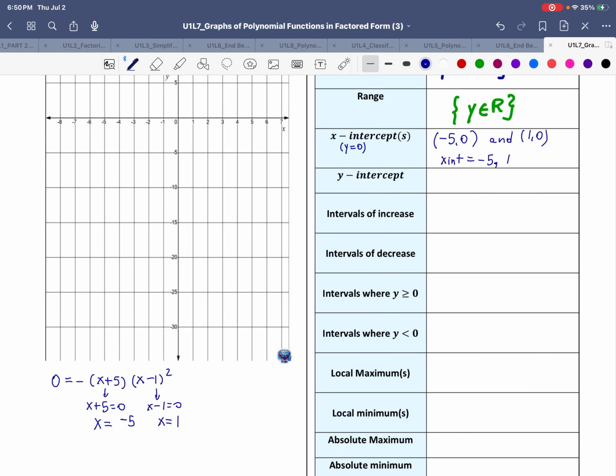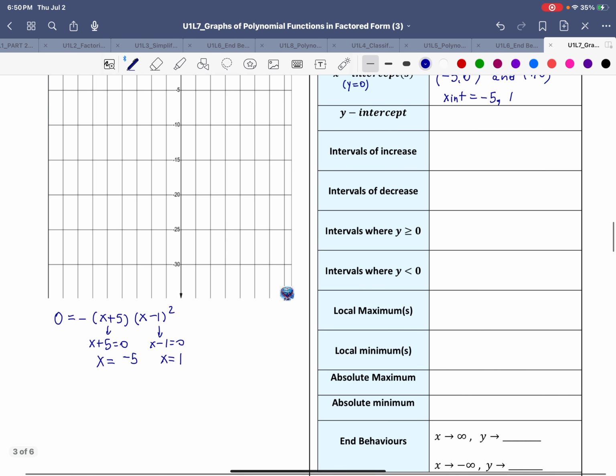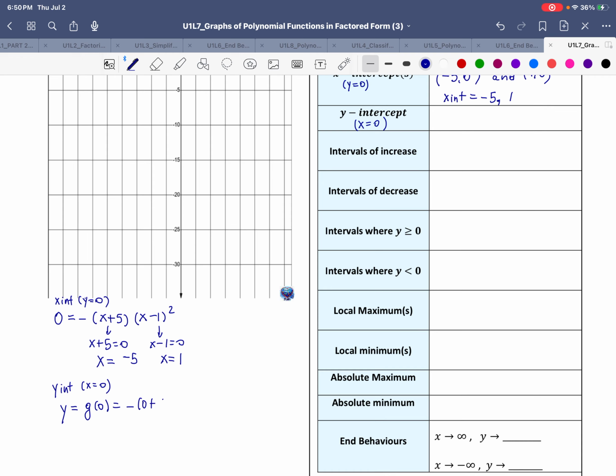Next, we'll determine the y-intercept. For the y-intercept, remember that we're going to set the value of x equal to 0 and then evaluate y. So let's write this down in here. In other words, we have to find g of 0, which will be negative (0 plus 5) times (0 minus 1) squared.